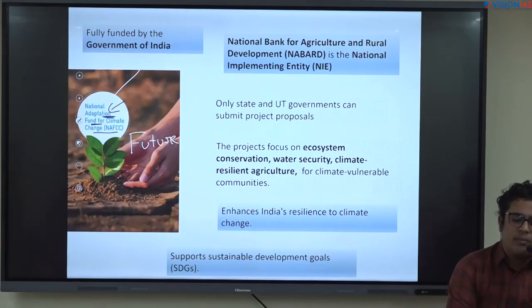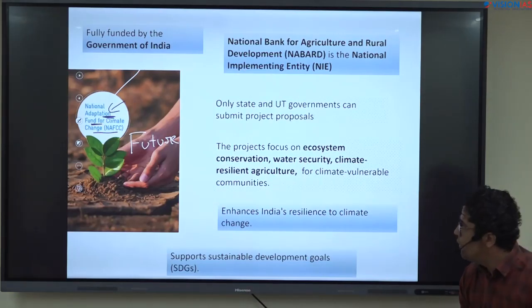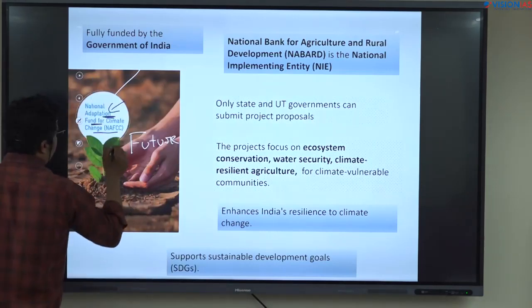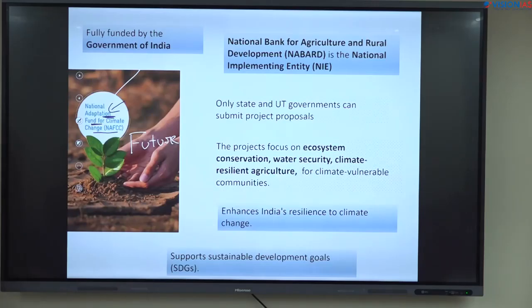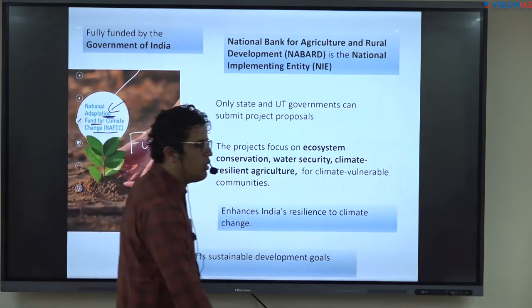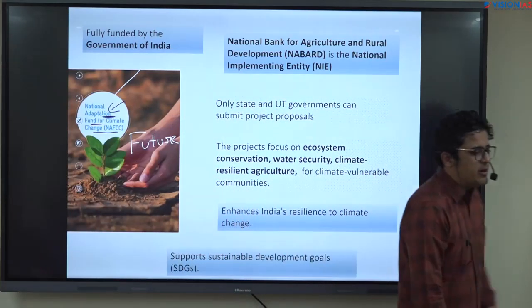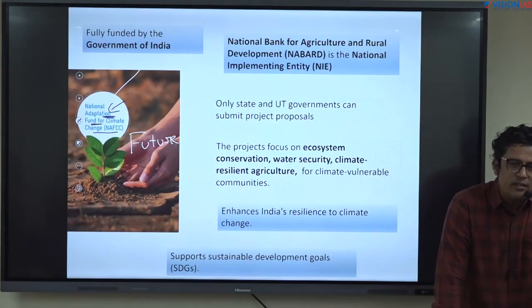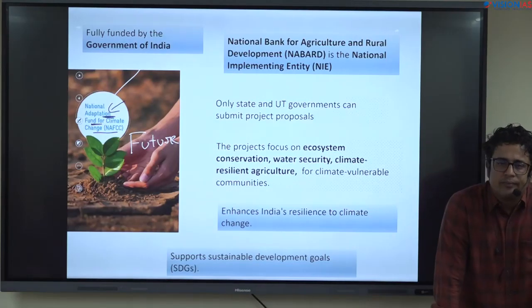Mitigation and adaptation are two different strategies to tackle climate change.